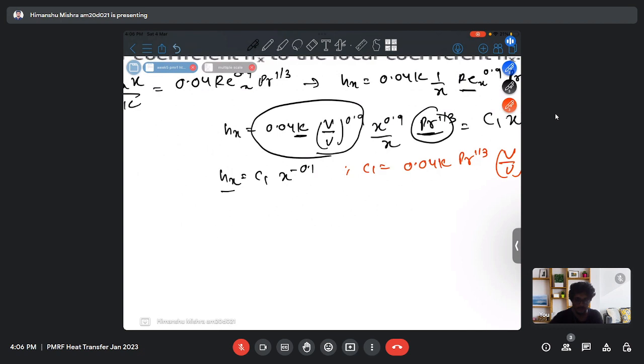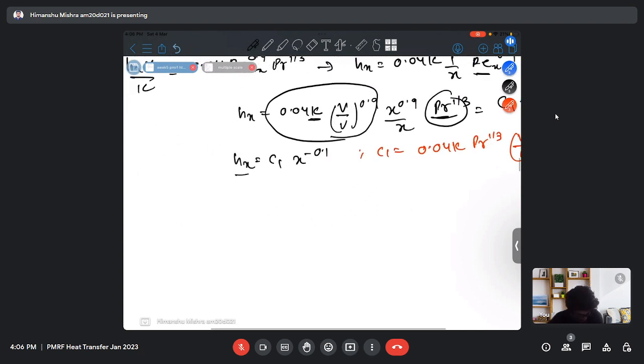So now this is my local heat transfer coefficient, and now it is clear how we can find the average heat transfer coefficient. We just need to integrate it.